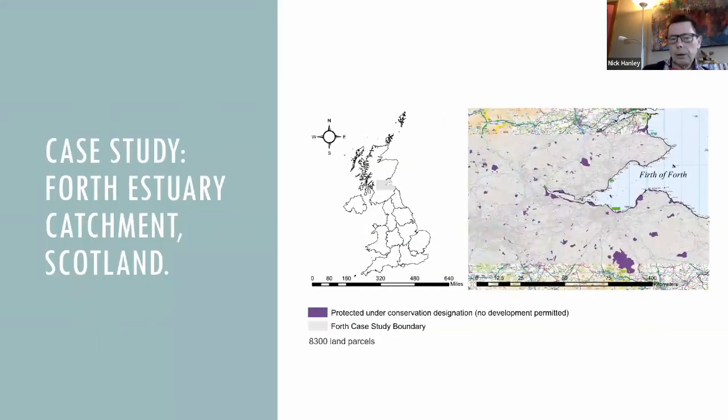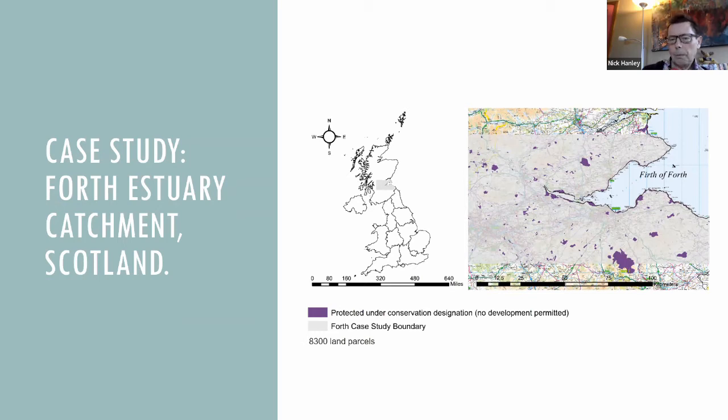So just very briefly, where are we reporting this for? This is where I live, really. So we're looking at this imagined market operating within, you could think of it as the catchment of the River Forth, but it's a bit bigger than that. The grayed out area on the map is our market.